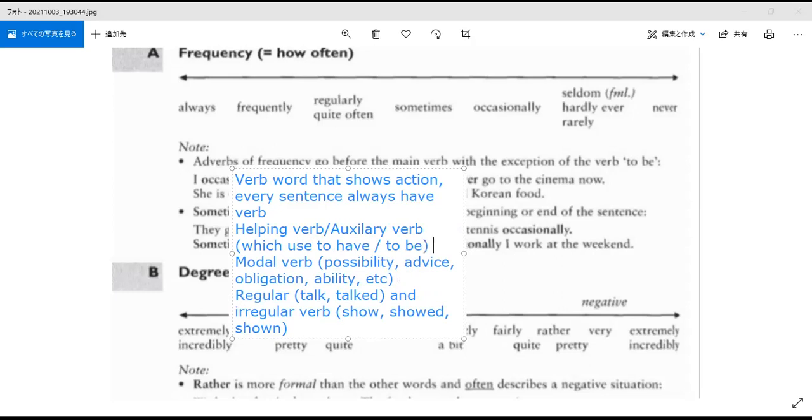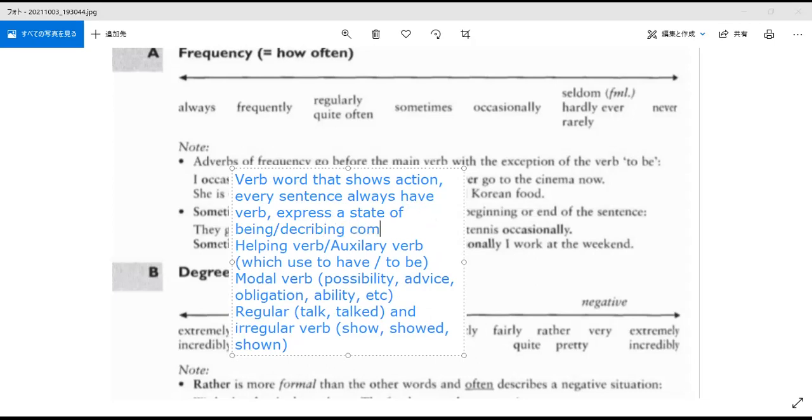Remember? Yeah, it really depends on the sentence, and it also expresses a state of being or describing something, like what happened with the bear, right?